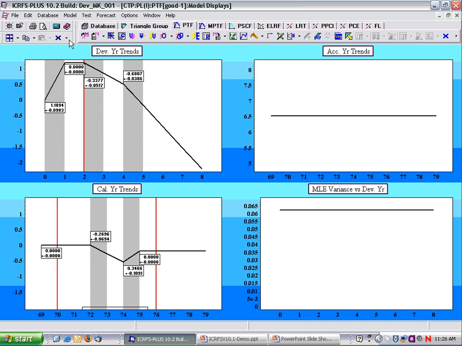Now, what did we actually find in the data? We found that the accident years were homogeneous except for calendar year change. So it's very likely that condition 1 that we studied when we looked at the extended link ratio family holds.